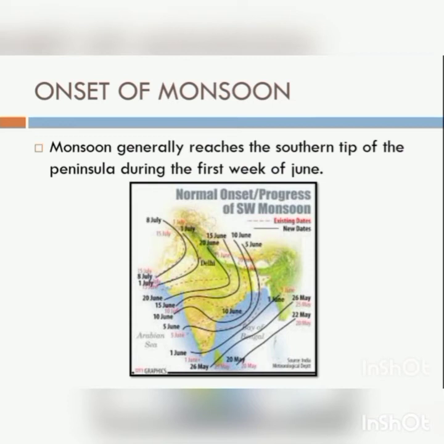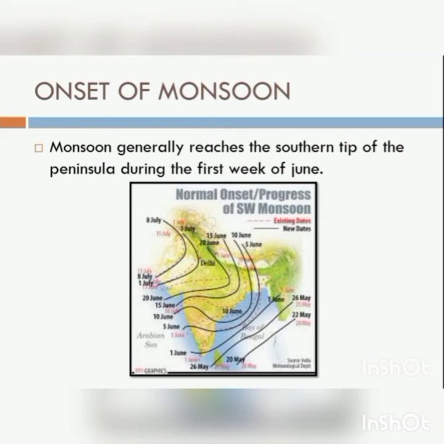Look at them carefully. The Arabian Sea branch advances northward along the Western Ghats, reaching Mumbai by about the 10th of June and soon covers Saurashtra, Kutch and the central part of the Deccan Plateau also.